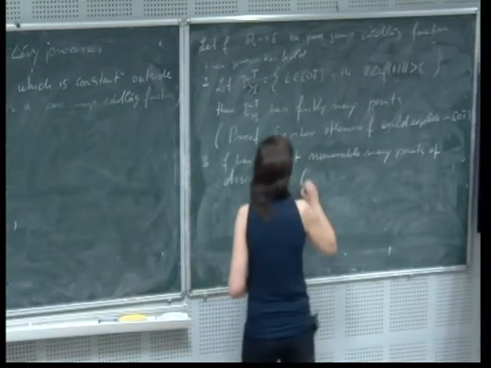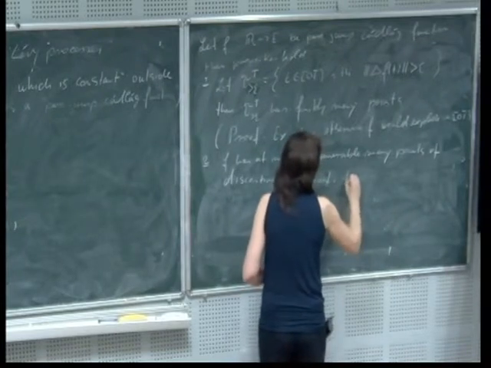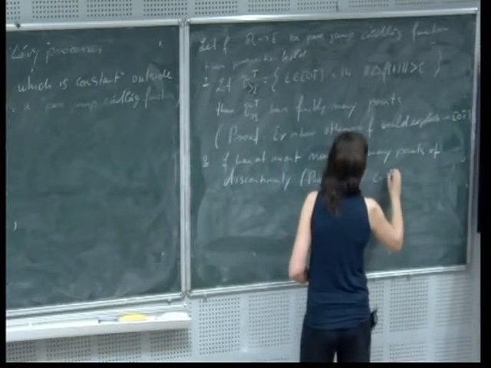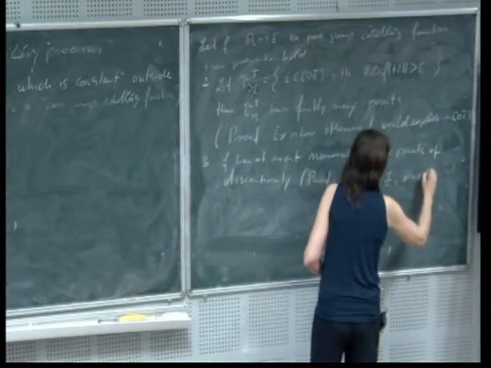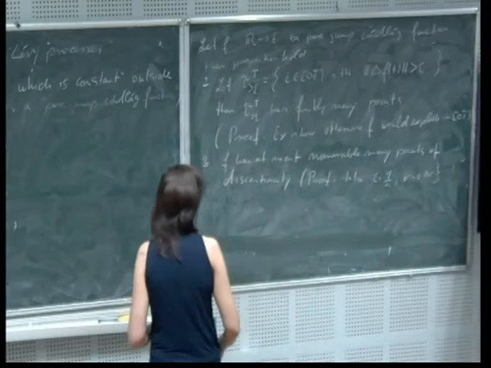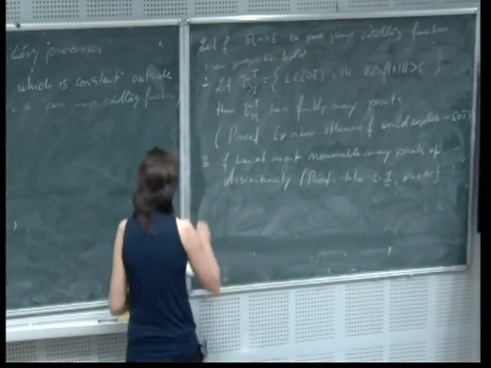Okay, proof. Take epsilon equal to 1/n for all n. And then you will see that the set of jumps is the union of the jumps here, and this can only be countable.